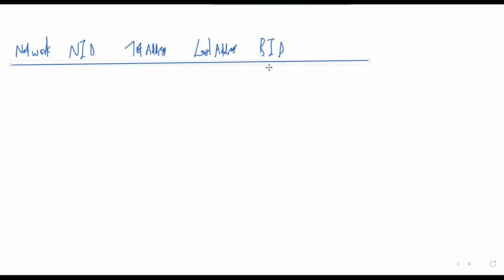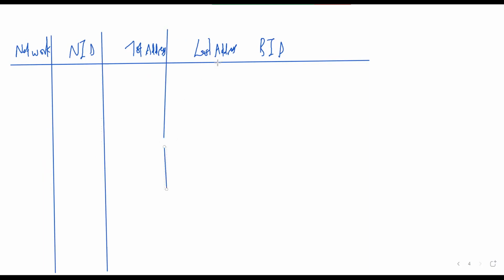Why we have this is so that we simplify our addressing. It makes it easier because we know the first address in the network, the second address, the last address, and if we want to broadcast, which ID we are going to be using. It makes it easier to do all those things if you have a table like this one.